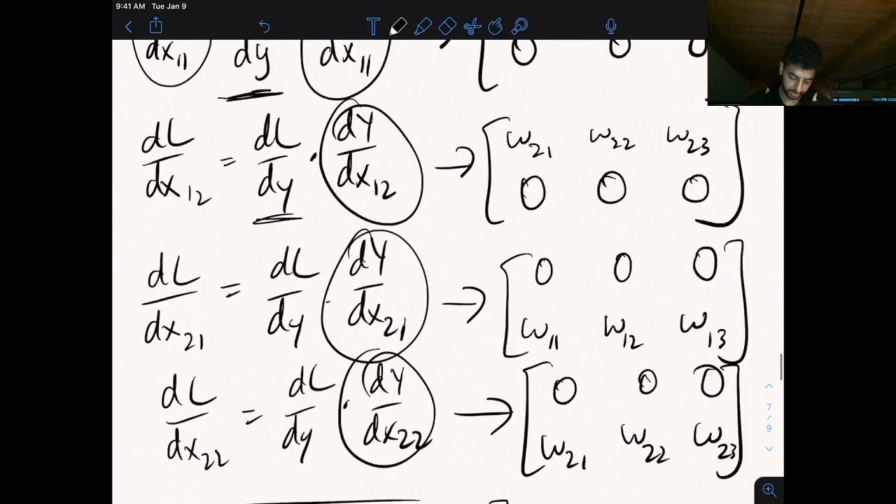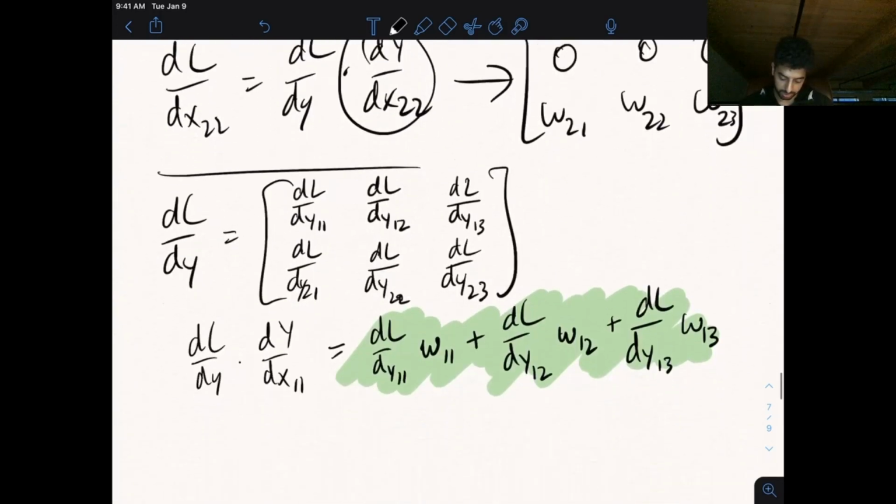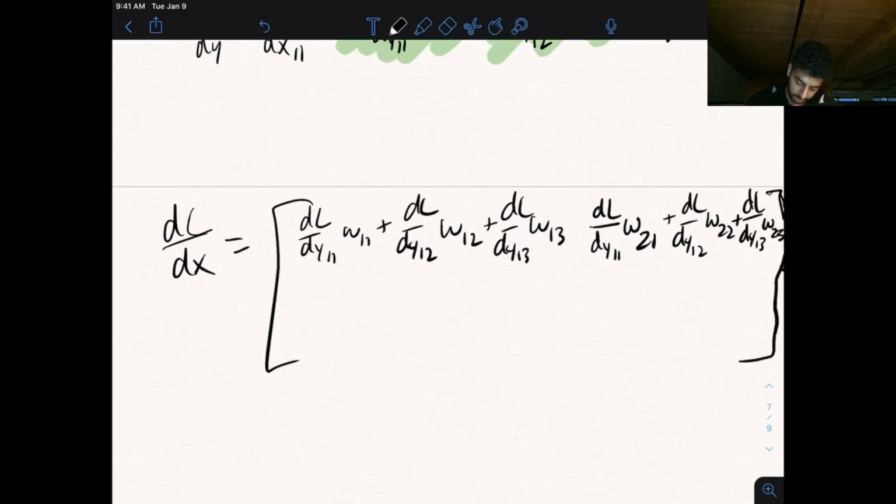We're now using this matrix for the dx sub 1, 2. So that one, maybe I can be more economical in how I write it, is dl dy11 w21 plus dl dy12 w22 plus... Okay, similarly, let's just write the... so this is supposed to be one cell here.